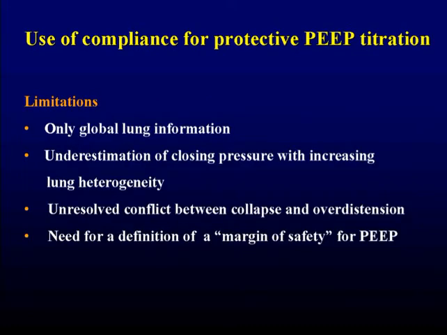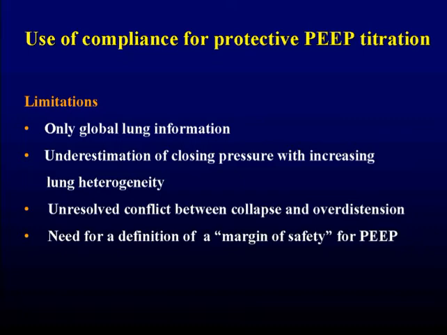Of course, there are a number of limitations. The major one is that we're only obtaining global lung information. We don't know what's happening regionally with PEEP levels, if we're overextending some regions, or if others are starting to collapse. Another limitation is that the sicker the lung gets, the more we underestimate the closing pressure using only compliance, because we have an increasingly heterogeneous lung.